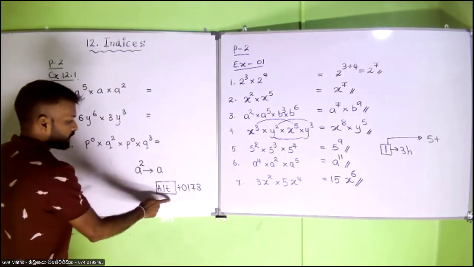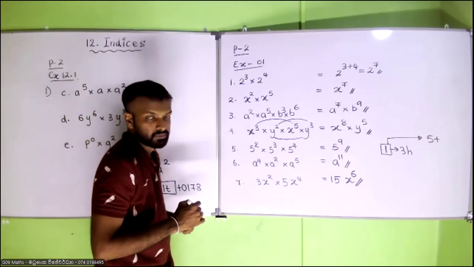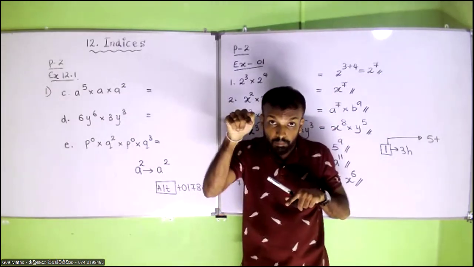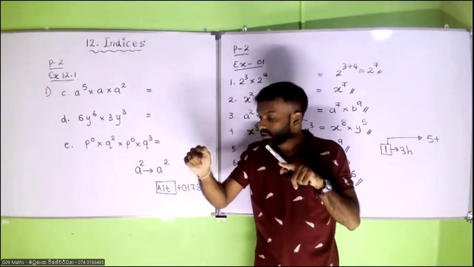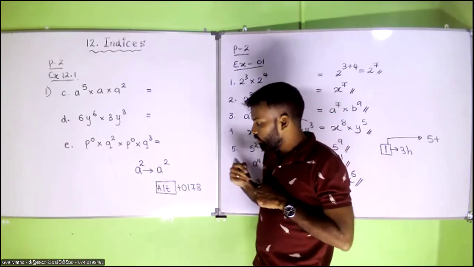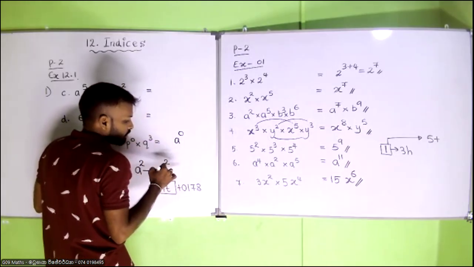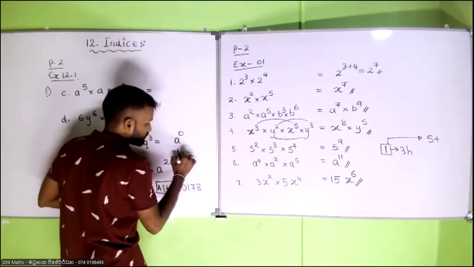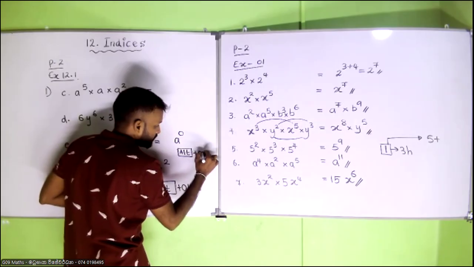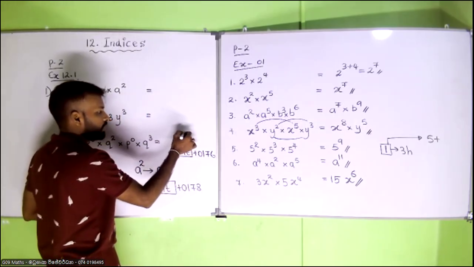Then a to the power 2 appears. If you want to type a to the power 0, press Alt and type 0176, then it will appear.